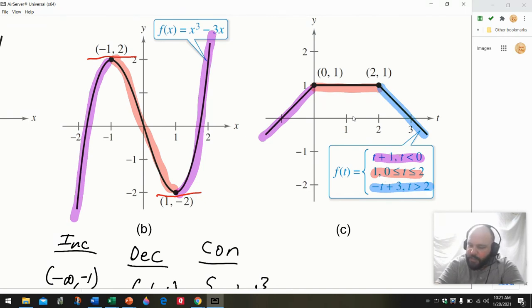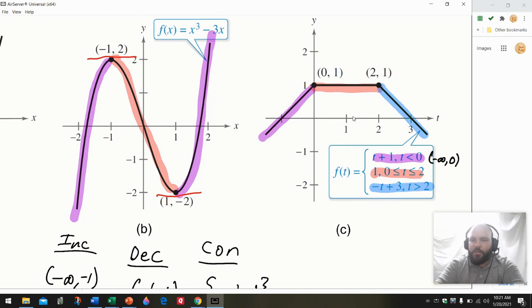The first part, t plus 1, is for t's that are less than 0. So it goes up to 0, but notice it does not include 0. There's no equal there. So the interval for this particular piece is from negative infinity, whoops, didn't want to use a bracket, need to use a parenthesis. Always parenthesis with infinity and negative infinity. Negative infinity up to 0, but not including 0, so we're using a parenthesis.